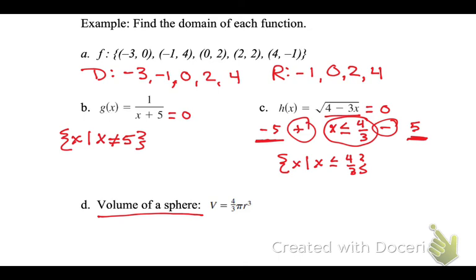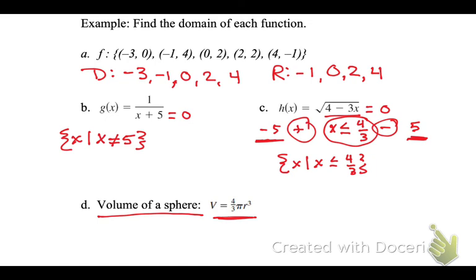So we need to find out what would make this 0. Well, I'm pretty sure the only thing that would make 4/3 pi r cubed 0 would be multiplying by 0. Yes? Now, we don't want negative numbers. If I put a negative number in there and cube it, I still get a negative number.